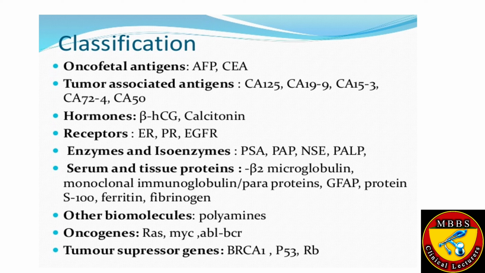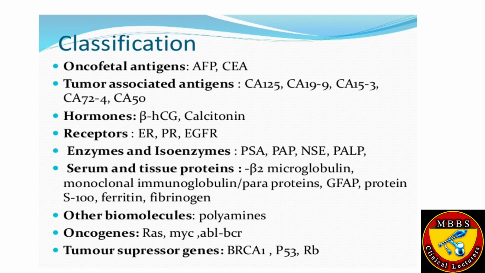The PSA is the marker for prostate cancer, and the PAP is again for prostate, and NSE is for the neuroendocrine marker, and the PLAP is for placental tumors. Serum and tissue proteins like beta-2 microglobulins also play an important role in certain tumors.